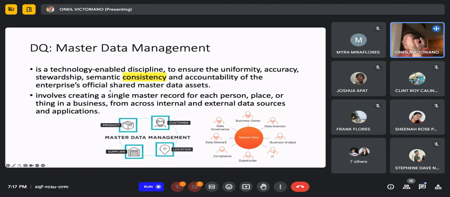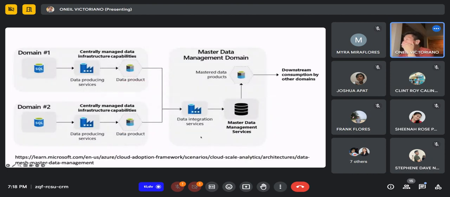So it involves creating a single master record for each person, place, or thing in the business, like product, inventory, or persons like customers, users, or suppliers, across internal and external data sources and applications. For example, these are two domains, like different SQLs, that data producing services and data products.